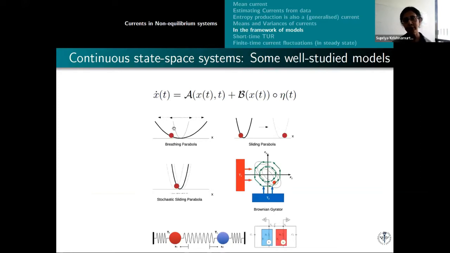All of them have linear forces, so colloidal particles in harmonic traps, where these harmonic traps can be, so there's this breathing parabola. You can actually breathe in and breathe out the trap parameter K, or sliding, or this model, which I think was first introduced by Sanjeev and Arnab.